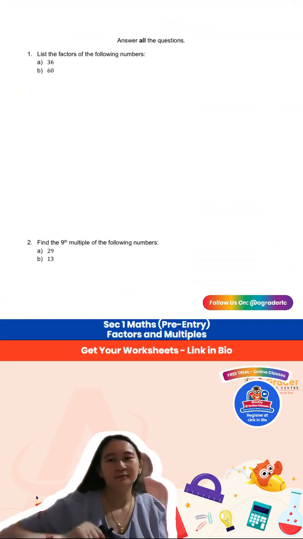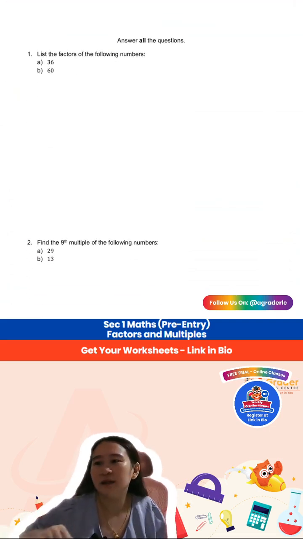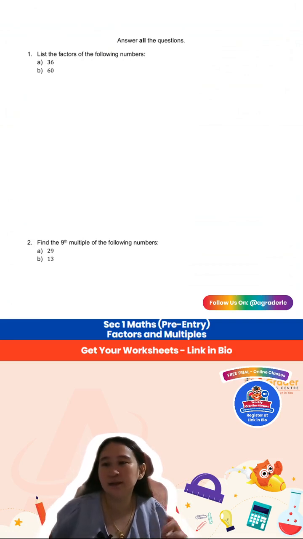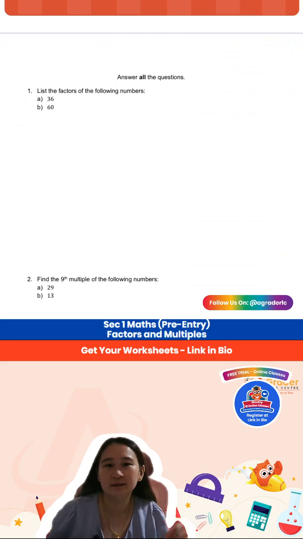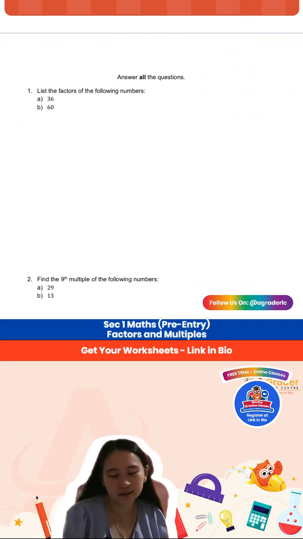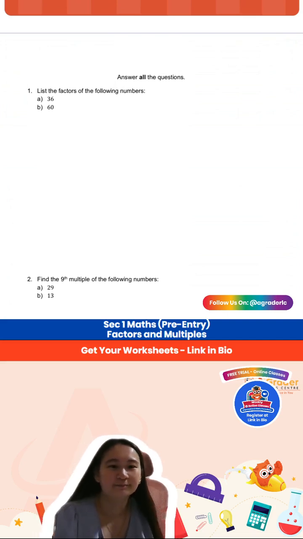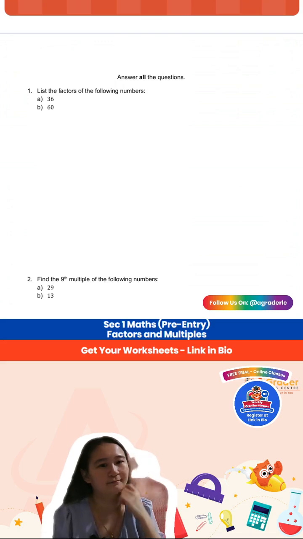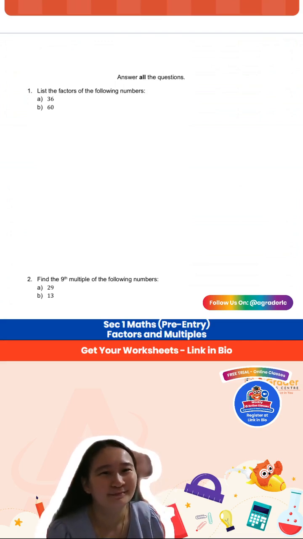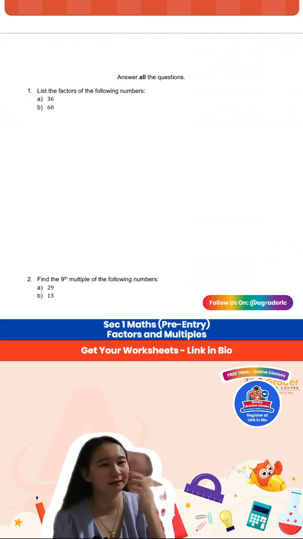Okay, question one. List the factors of the following numbers. Can you all try to list the factors for 36 and 60 first? Okay, what else? There's more to it for 36.